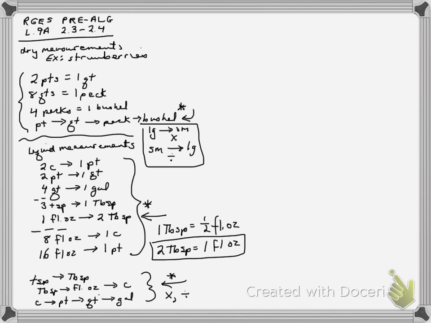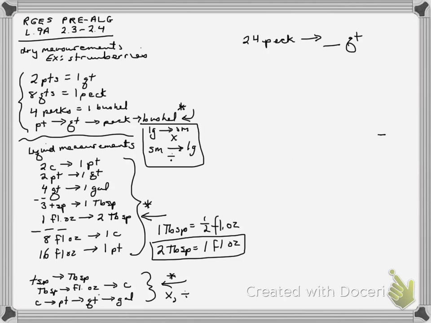So then when you go to do problems, as in the first one, and you have 24 pecks, oops, excuse me, my thing's not writing. So the first question you have to ask yourself is, am I going from large to small or small to large?